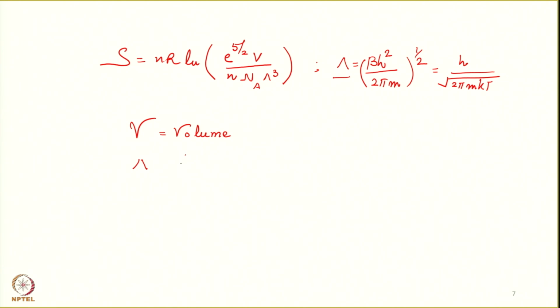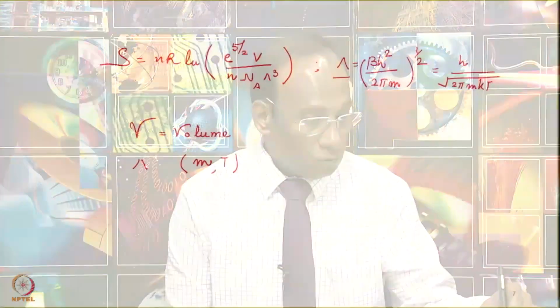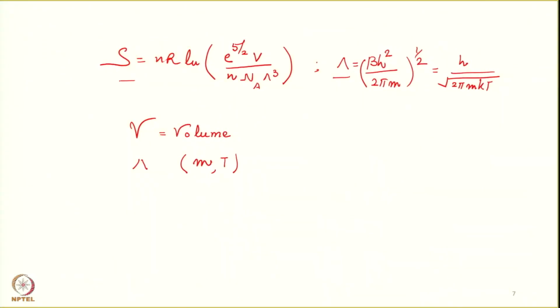So you need the mass of the particle and the temperature that will decide the value of lambda. Therefore, from the knowledge of the translational partition function, we are able to get the entropy of the system, provided we know its volume, its temperature and also the mass. These are the properties that we require.